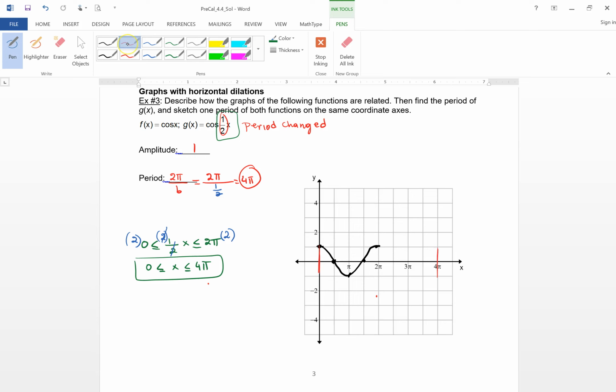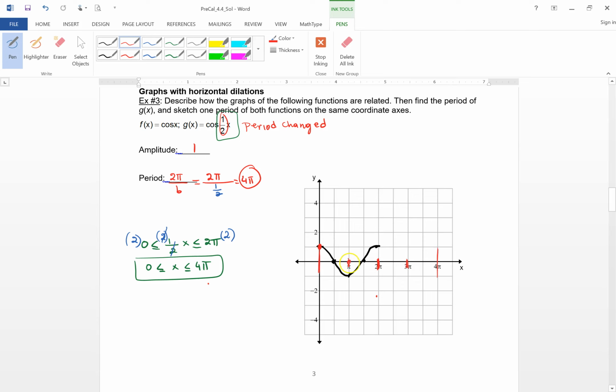What's the halfway point between 0 and 4 pi? 2 pi. Remember, we always want 4 partitions. So now we have 2 pi. What's the halfway point between 0 and 2 pi? Pi. What's the halfway point between these two? 3 pi. Okay? Now, we're starting at 1, right?